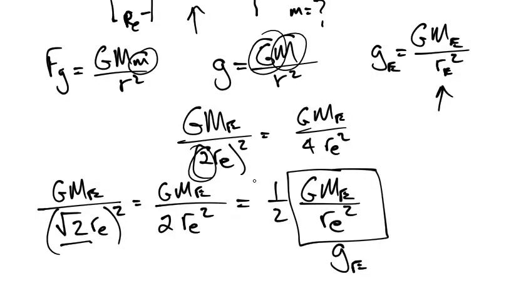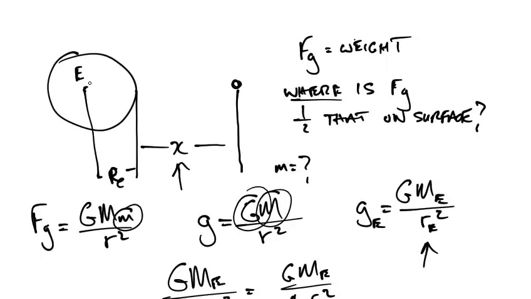Okay? So the answer is this distance must be √2 RE. However, that's not what the question is asking. The question is asking, what is the distance from the surface?